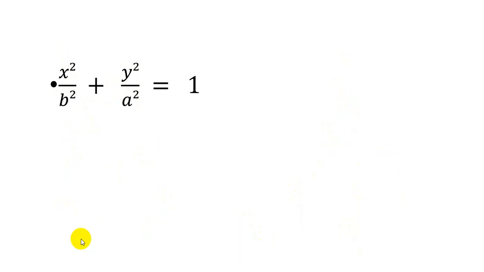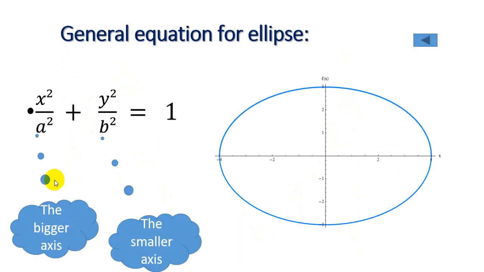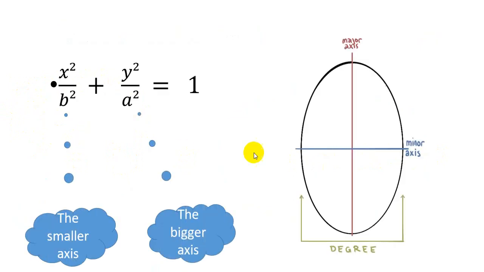So both of them change when the direction of the bigger one changes. If it's parallel to the x axis, the equation will be the first form, and if it changes to be parallel with y, that one changes to b and that one will be a. Okay.